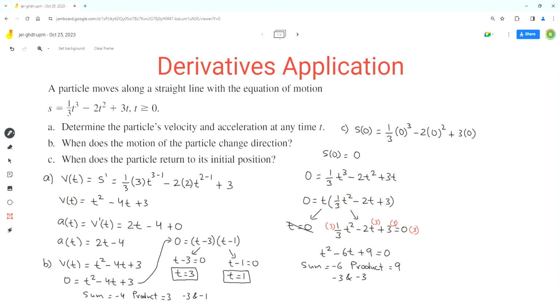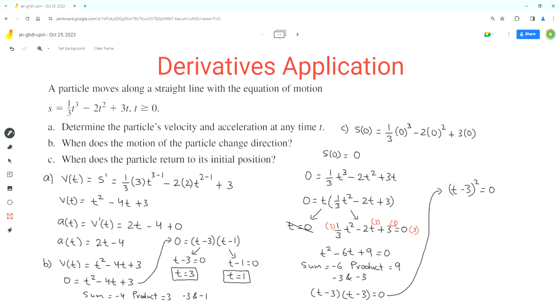So the factored form for this equation will be t minus 3 times t minus 3 equals 0. So now we have both factors the same. So we can rewrite this as t minus 3 squared equals 0.